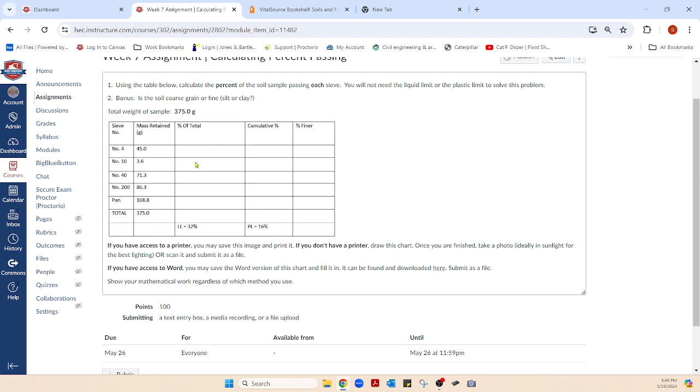In this one, it's 3.6. 3.6 divided by 375 equals 0.0096 times 100 equals 0.96% goes in that box. Add it to the previous, and then you would put this plus this equals this. That would be your cumulative.